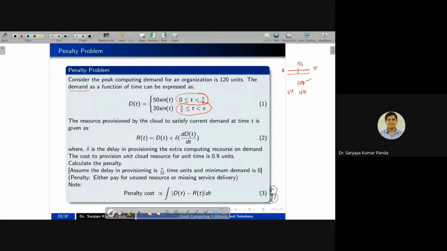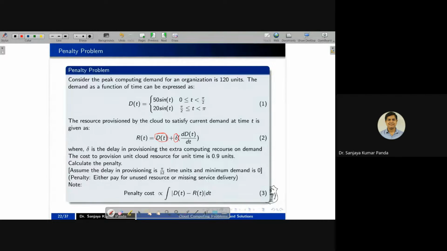So the resource provisioned by the cloud to satisfy the current demand at time t is modeled as R(t), that is, resource at time t is equal to demand D(t), it is a function, plus delta, delta is a delay factor, times the derivative of D(t) by dt, where delta is the delay in provisioning extra computing resources on demand.